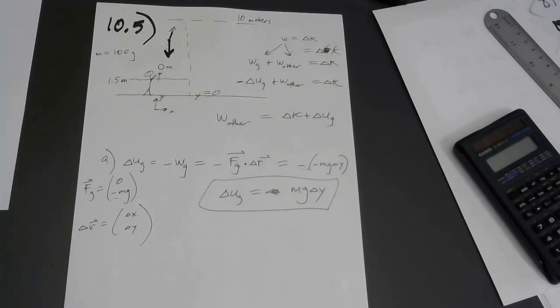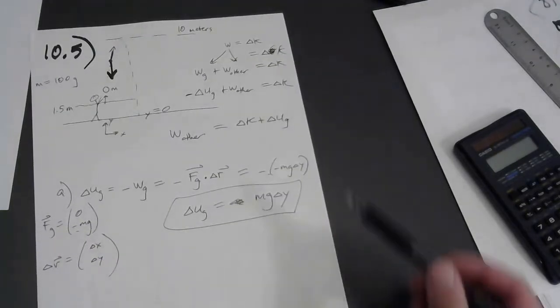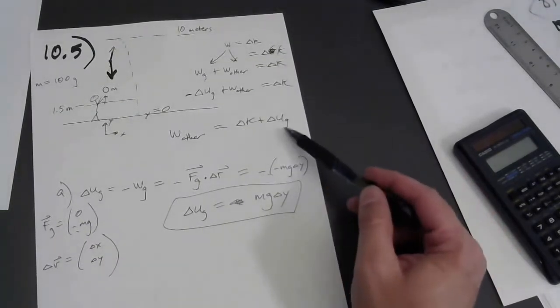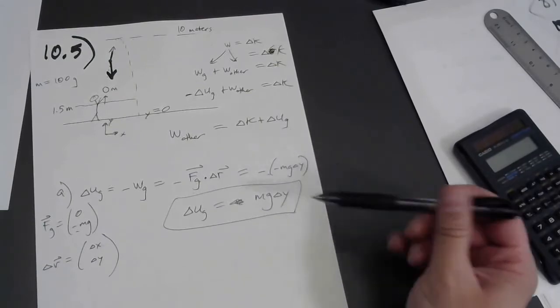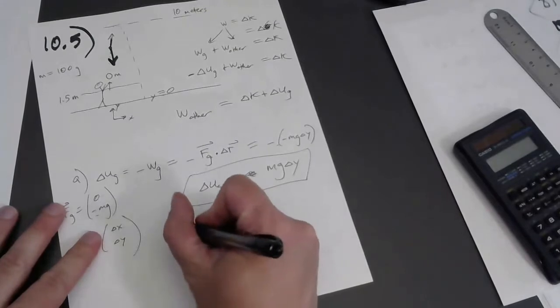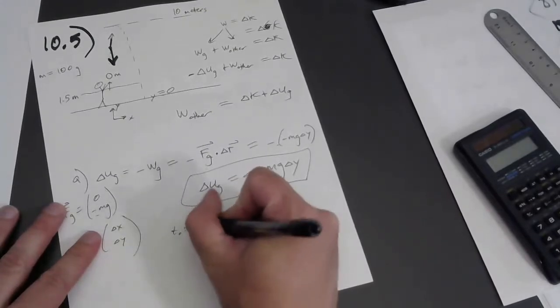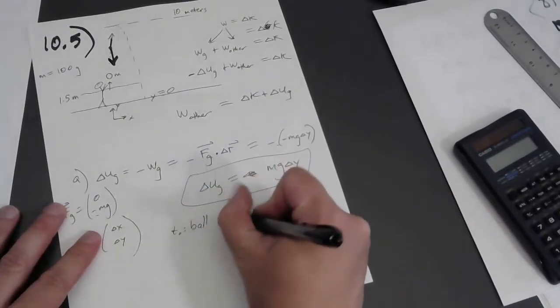Okay, now this problem is very simple, and yet I've already spent 10 minutes setting it up. That's because I haven't had any lecture presentation about this. But once you're familiar with the use of potential energy, some of these problems will go real quick. Okay, let's define some times here. T0 is when the ball is released.